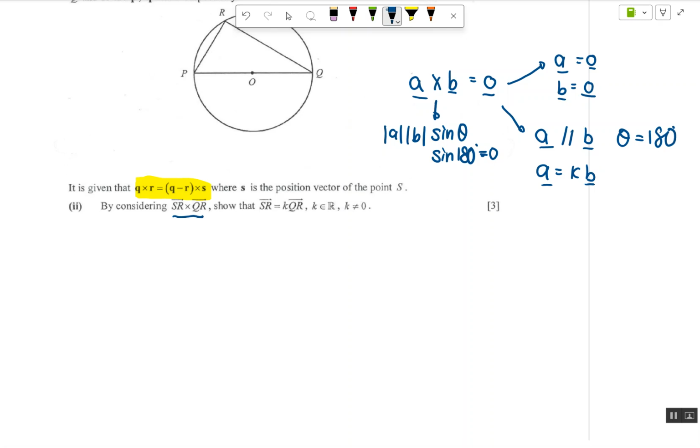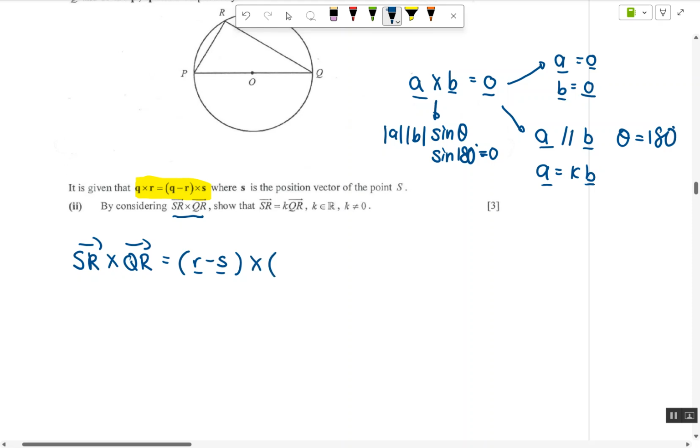Then we first say that SR cross QR is equal to R minus S, because that's SR, cross R minus Q. Point S is somewhere, it doesn't matter.